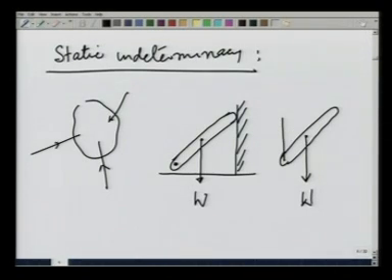There is a reaction in the y direction due to the pin, one in the x direction due to the pin, and there is a normal reaction on the wall. These forces are sufficient to bring this rod in equilibrium. Let us see how.